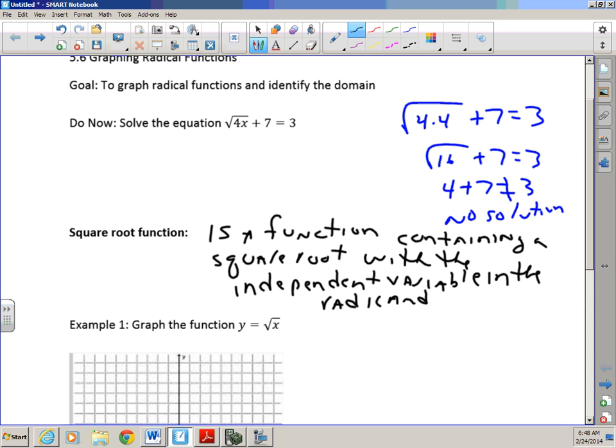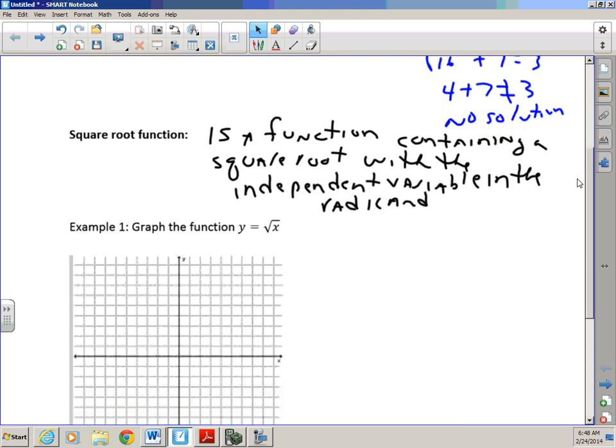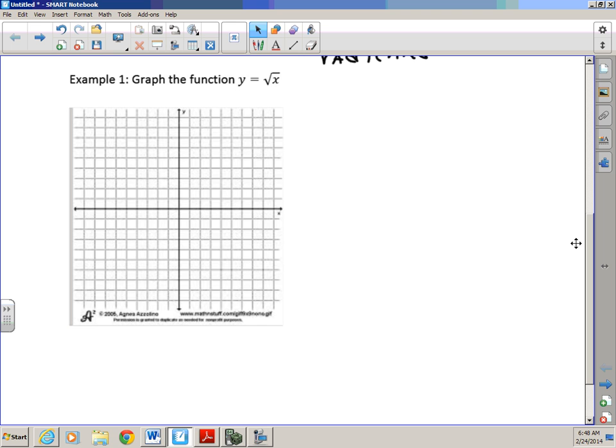Now, like most of our graphing, we're going to be using our graphing calculator to do this for us as much as possible. And what we want to do is similar to what we did when we did absolute value functions, because technically these are the inverse of an absolute value function.